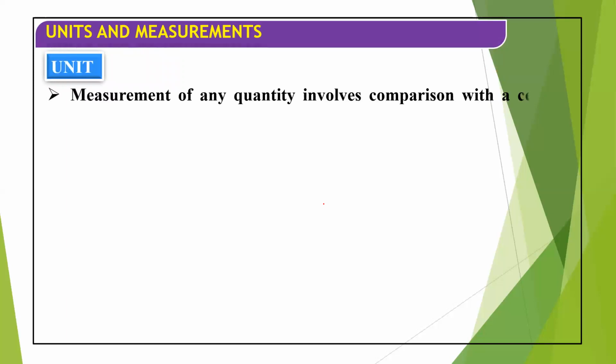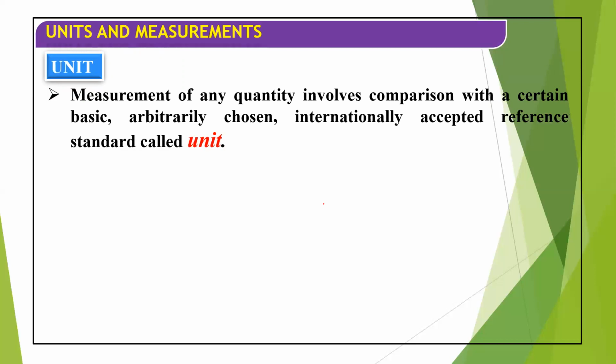You can say a measurement of any quantity which involves comparison with a certain basic arbitrarily chosen internationally accepted reference standard is called unit. So again, there are two types of unit, my dear students, basically fundamental unit and derived unit. So fundamental units are the units of fundamental physical quantity. Derived units are the units of derived physical quantity. So it's a simple concept.